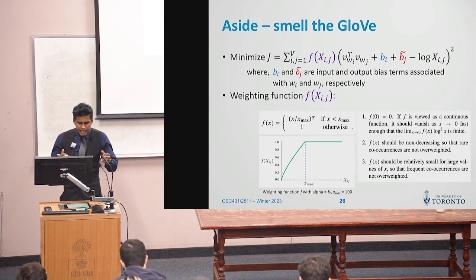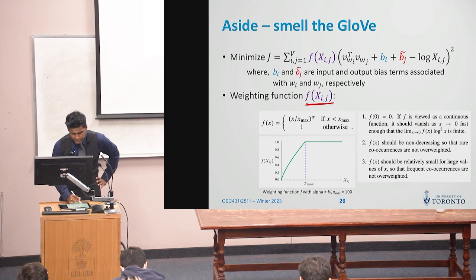The intuition is that you don't want to overweight highly occurring co-occurrences, and you don't want to underweight rare co-occurrences. So this smoothing factor weights it accordingly, making it smooth for highly occurring co-occurrences versus rare word co-occurrences. That's the intuition.